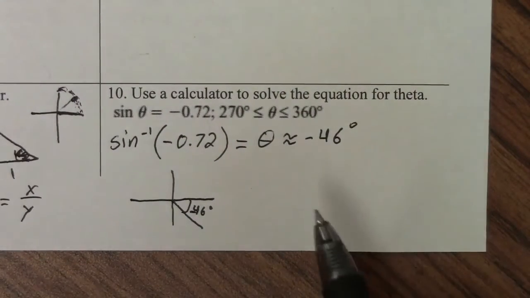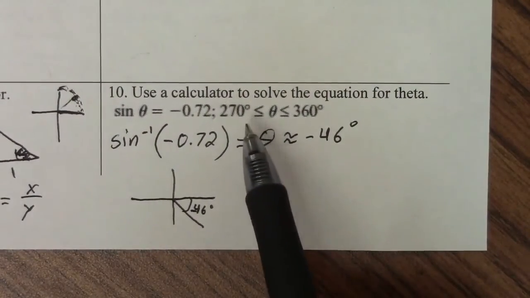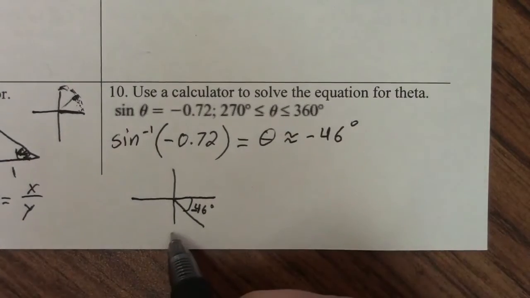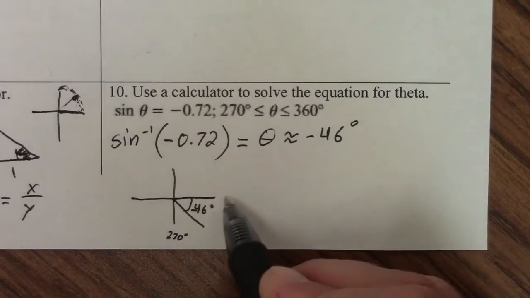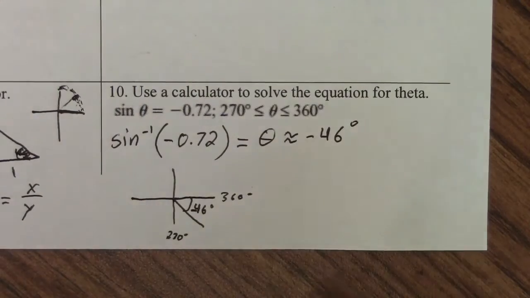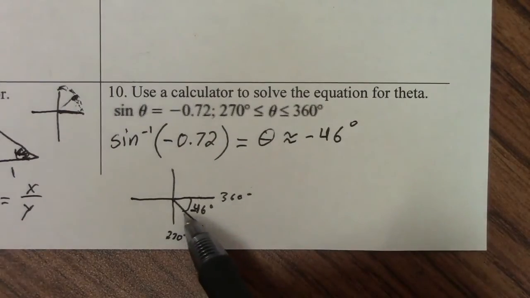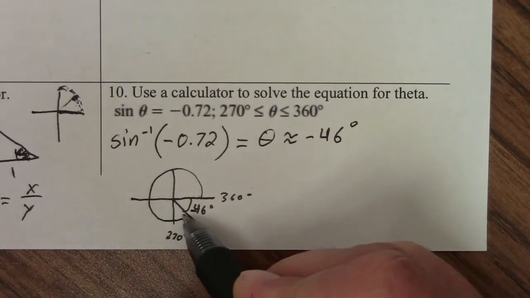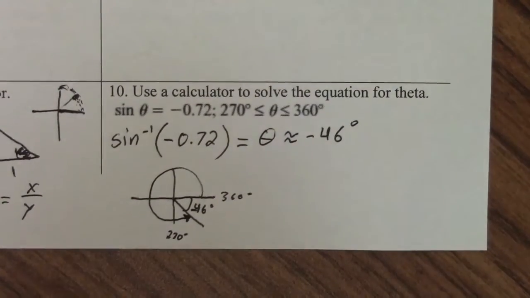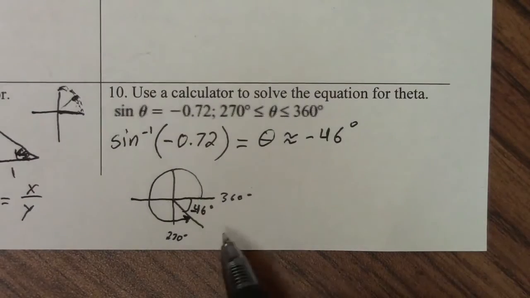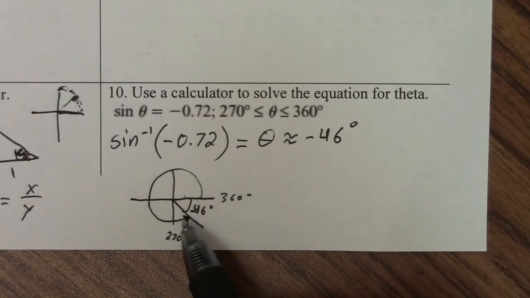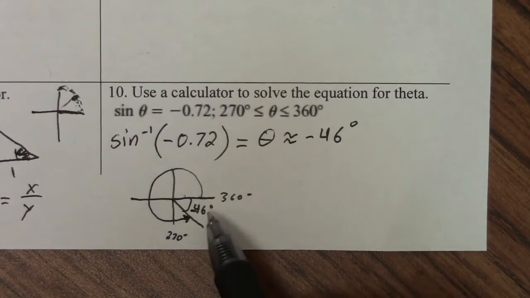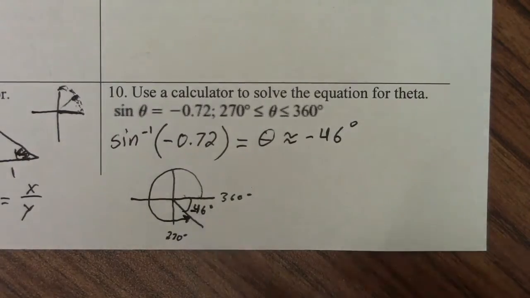And the only other requirement in this problem is we want an angle between 270 and 360 degrees. Here's 270 degrees, here's 360 degrees. So if instead of going negative 46 degrees that way, if we go all the way around this way, we'll have an angle between 270 and 360. So to figure out what that angle is, take your 360, which would be a full rotation, and subtract out this 46 here.